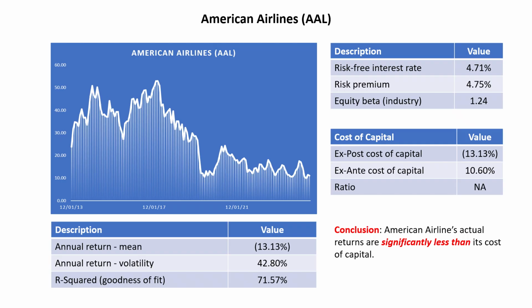And it's the same thing with American Airlines, which for them is actually pretty bad. Looking at that R squared and that regression equation, you can say, if I'm holding this into the future, chances are it's not going to perform very well, because it's recorded a 13% negative return with an R squared of 71, which is not good.